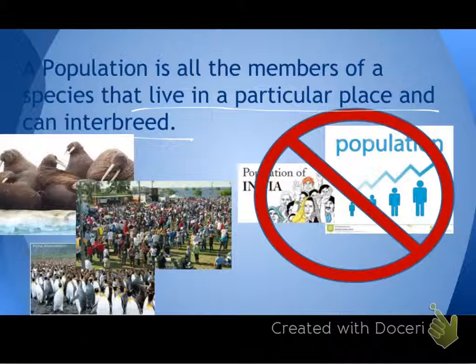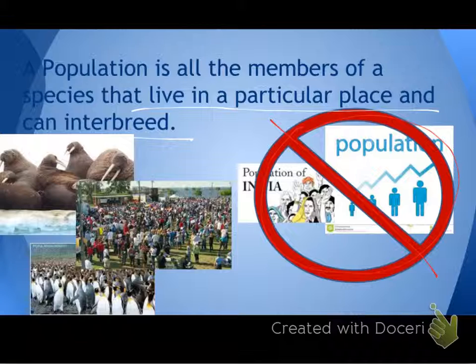Why do I have this big red prohibition sign through that? Do not tell me that population is the number of something that lives in a place. That's population size. We'll talk about that in the next chapter. A population is all the members of one species that live in one place and can interbreed.